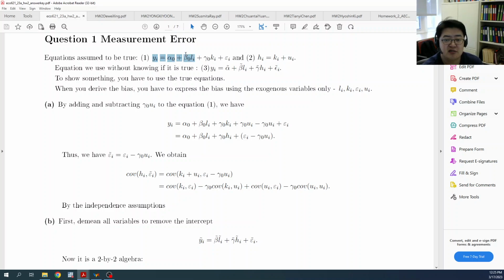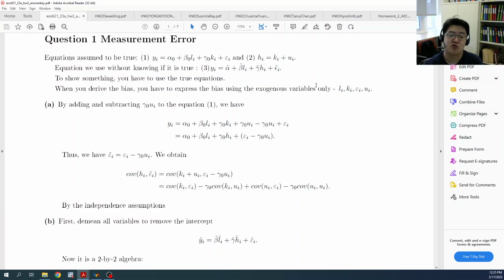the true models are given by these two equations: the true equation and how the observed variable h is generated. These are the underlying true equations. But the third equation is just for your use. It does not exist. This is just what you imagine, and you don't know if it's correct or not.